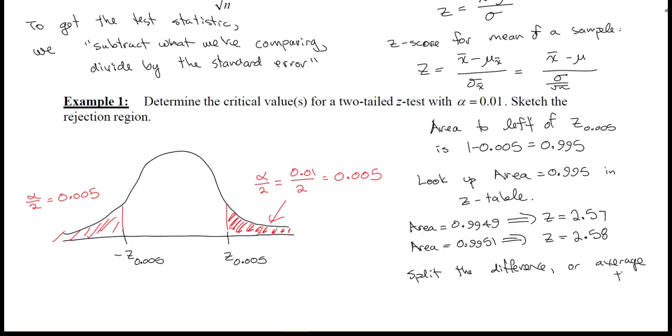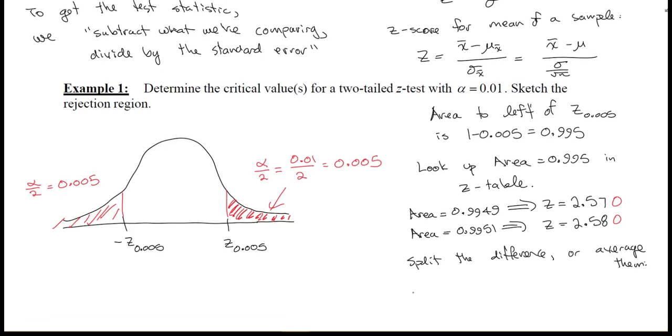Sometimes if you are trying to split them in your head, it will be easier to see if you add a 0 on the end. Then you can just ask yourself, what's halfway in between 570 and 580? 575, right?